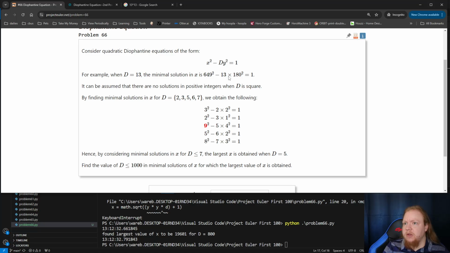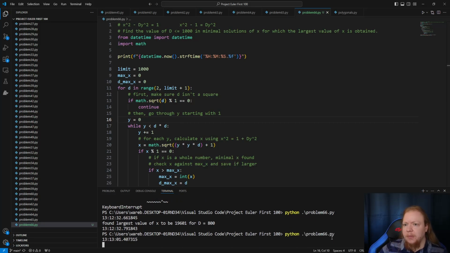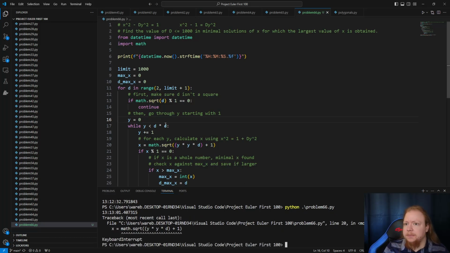Because y is larger than d for number 13. Let's try it that way. That doesn't work either. Never mind.